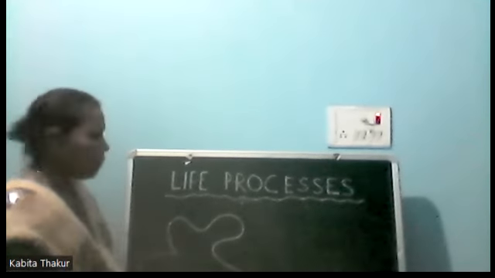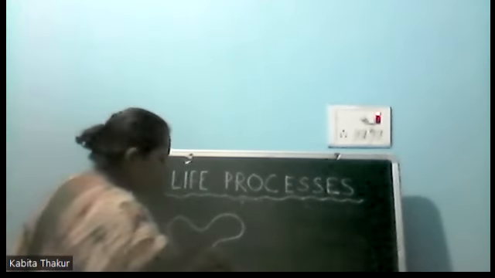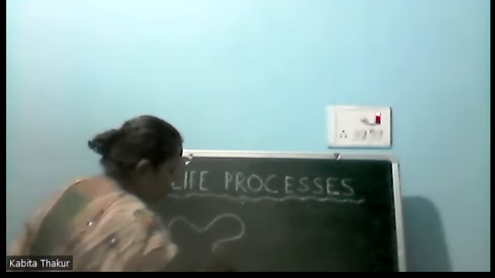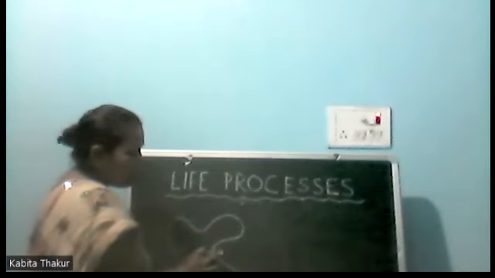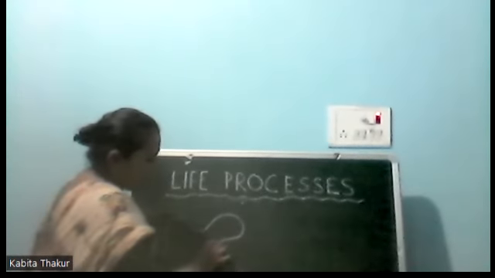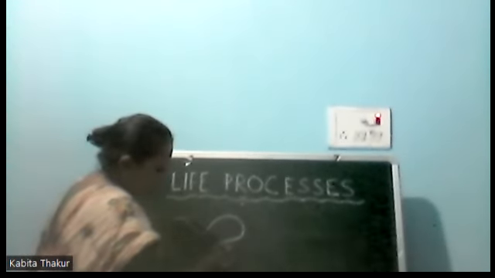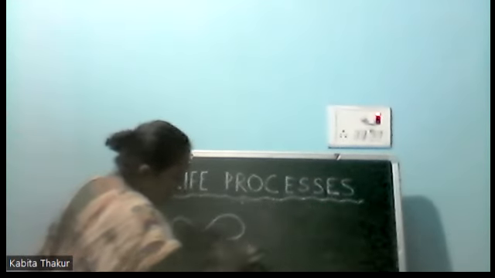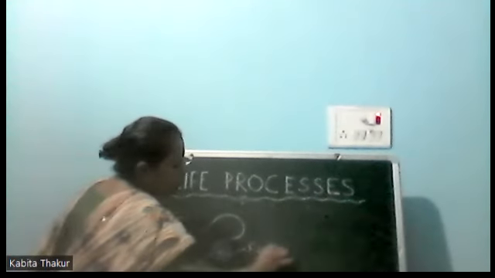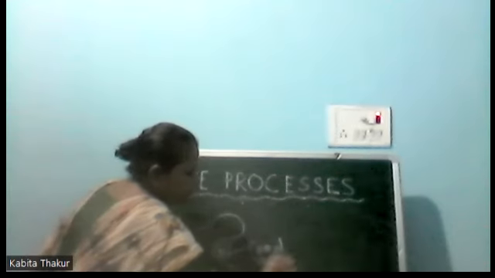This is an amoeba. See, here I am showing that if any food material is present here, what is the amoeba going to do? It is going to develop false feet like this, and this food material passes into the food vacuole of amoeba. It goes into the food vacuole.